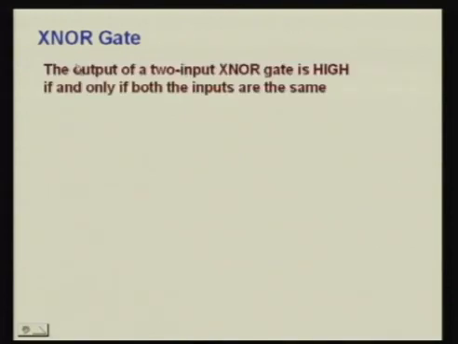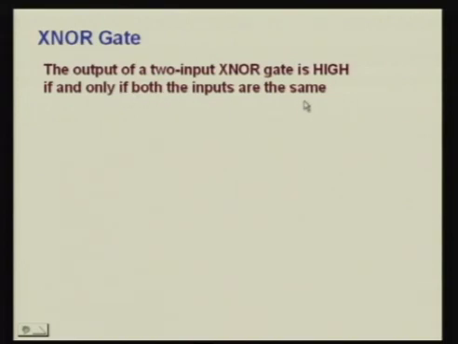The XNOR gate is basically just a complement of the XOR gate. Here we have to see the definition for a two input XNOR gate; we are talking only about two inputs, not more than two. The output of a two input XNOR gate is high, meaning it will be in one state, if and only if both the inputs are the same.